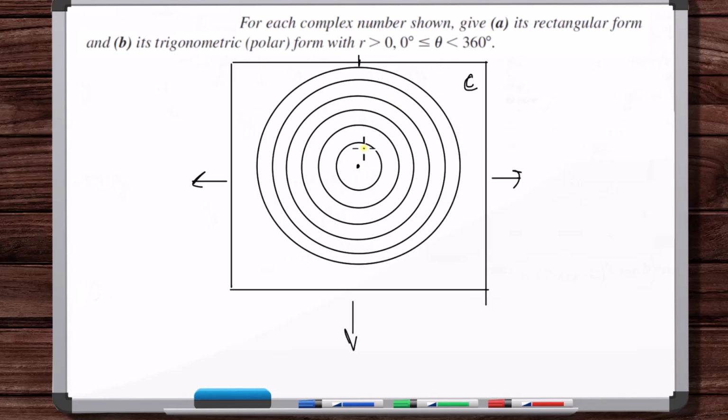Right, so this is like 1, 2, 3, 4, 5, 6, the major tick marks for radius, and then measured from the positive horizontal direction is theta, going from 0 to 360, or it could go past 360 or go in negative directions, and then this is r.